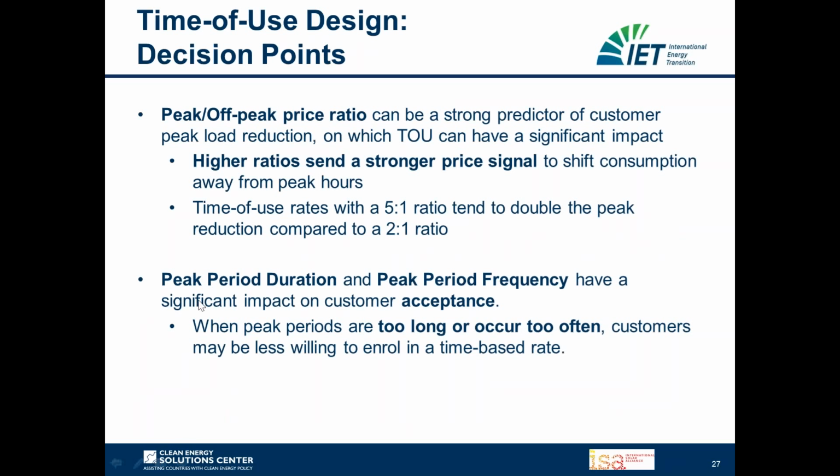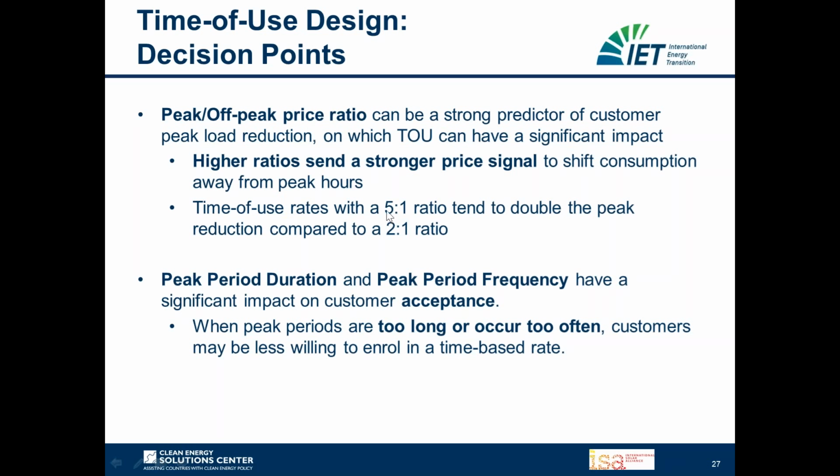What is very crucial when you design time of use rates is the ratio that you set between off-peak and peak rates. If you really want to incentivize customers to shift their consumption primarily in the residential sector, then it is quite important to have quite a big ratio between off-peak and peak rates.